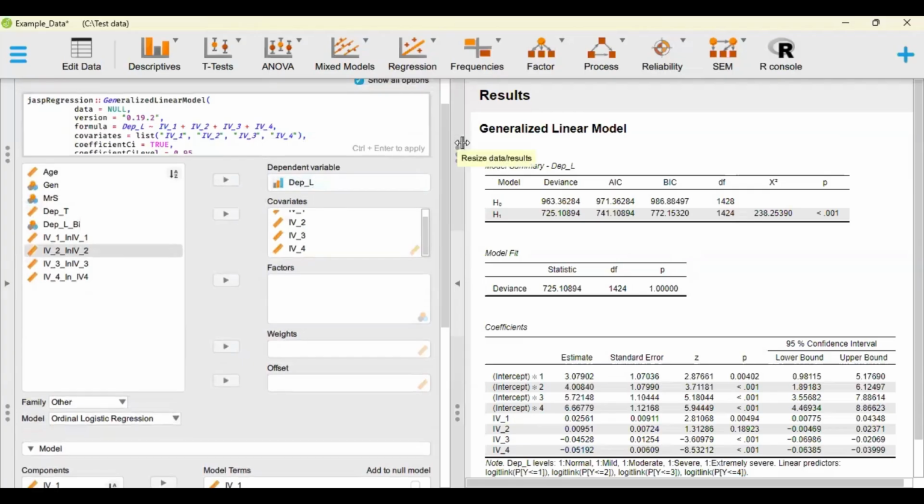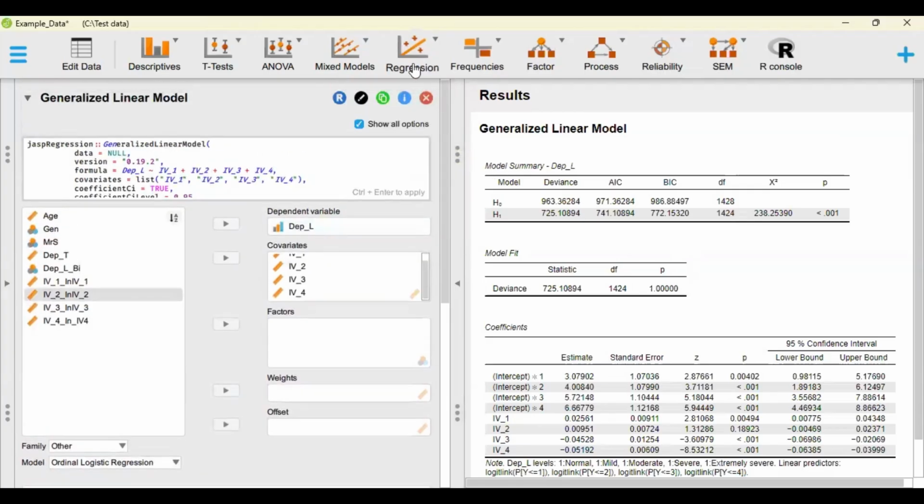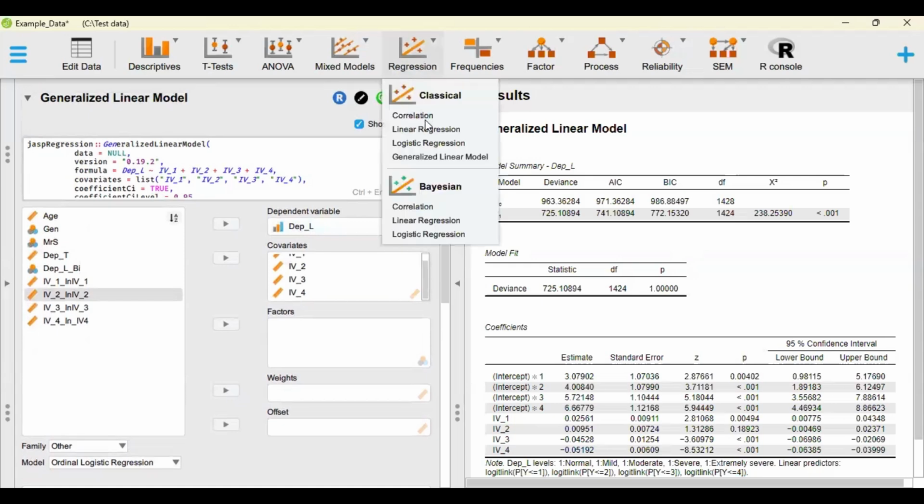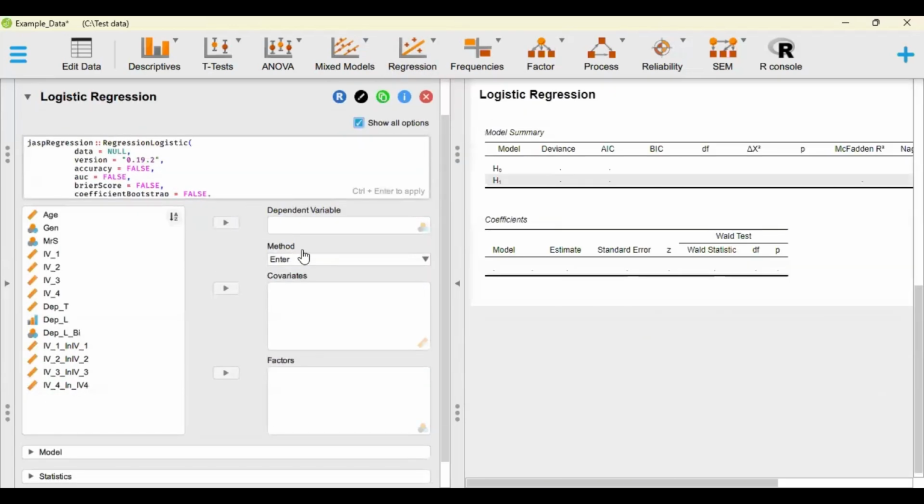JASP is the best, I can say even better than SPSS, for running binary logistic regression using this function. So if you are happy to go ahead with the binary version of your dependent variable, JASP is the perfect option. However, at least in the current versions, it is not a good option and does not give you the minimum statistics that you need for ordinal or multinomial logistic regression.